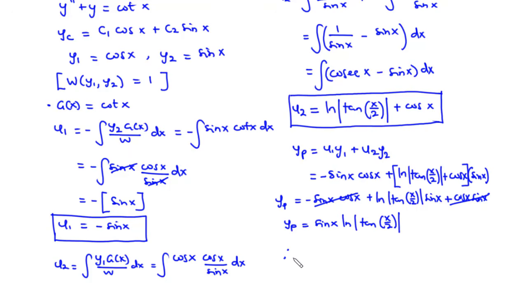Therefore, we have the general solution to the given differential equation, y to be equal to c1 cos x plus c2 sine x plus sine x times ln of tan x over 2.